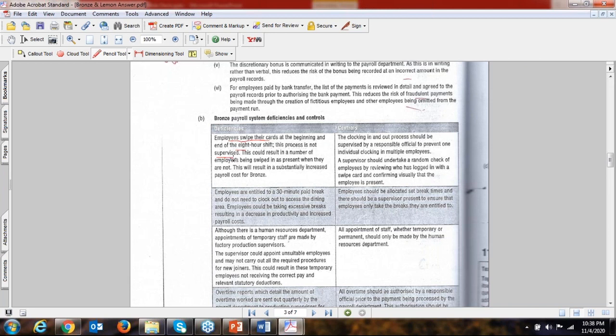This is the same thing; you can copy and paste it, it will save your time. Now, why is it a deficiency? This could result in a number of employees being swiped as present when they are not. This is why it is a deficiency, and this is the impact: this will increase payroll cost for firms.